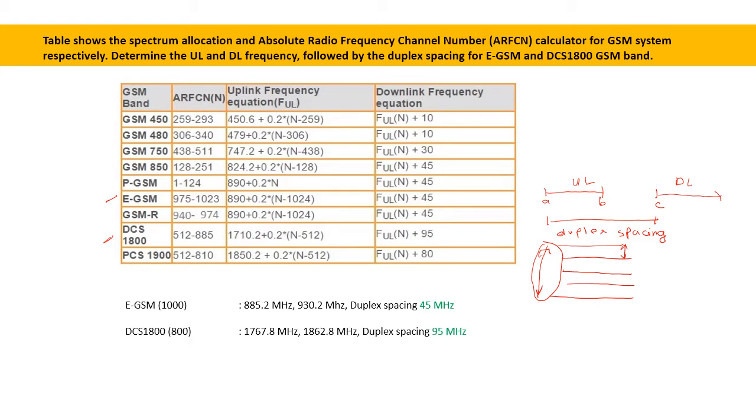For DCS 1800, let's say we choose 800 as N, then the resulting uplink frequency will be 1767.8 megahertz, while the downlink is 1862 megahertz, with a duplex spacing equal to 95 megahertz.